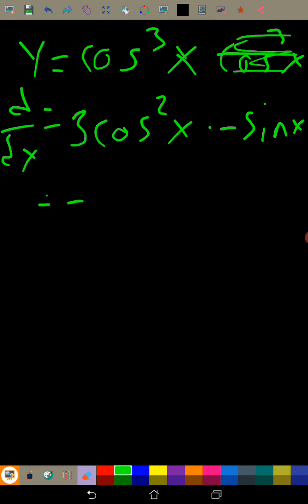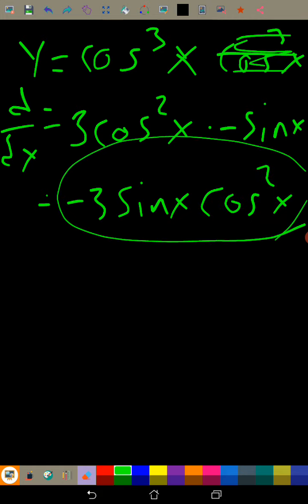So it's going to be minus 3 sine x cos square x. Tell me I'm right, please. Yeah, it's good. Really, I was thinking that it was going to be very hard, but it looks like it's not so hard after all.